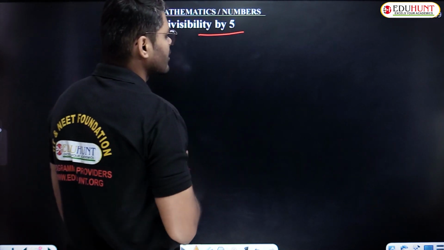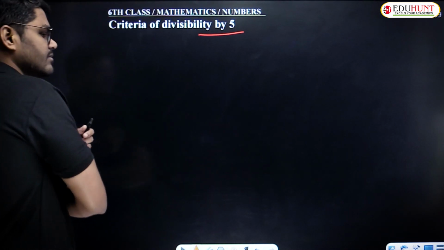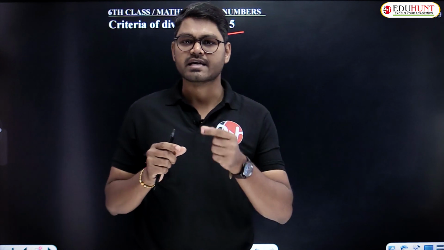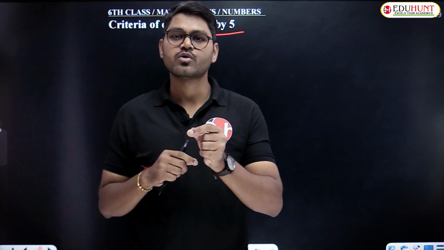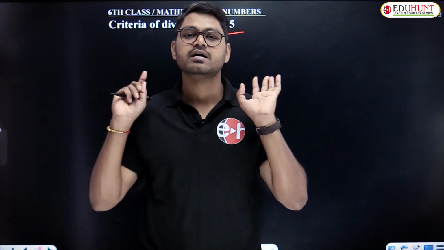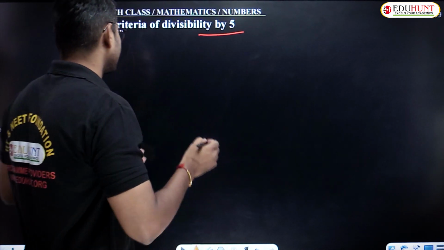What is the divisibility rule of 5? The divisibility rule of 5 is nothing but the unit digit must be either 0 or 5. The unit digit must be either 0 or 5, then the whole number is divisible by 5. Let's check.